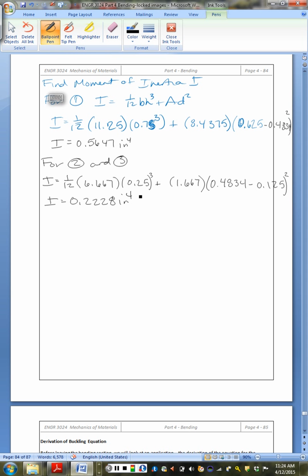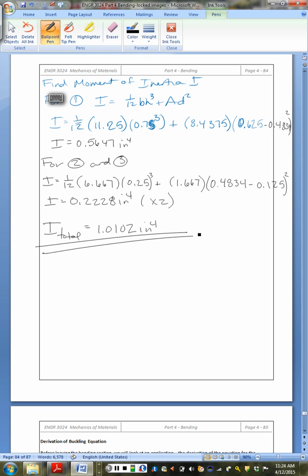So summing those, the total transformed section moment of inertia is 1.0102 inches to the fourth.